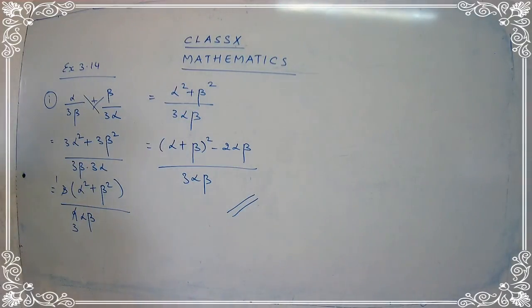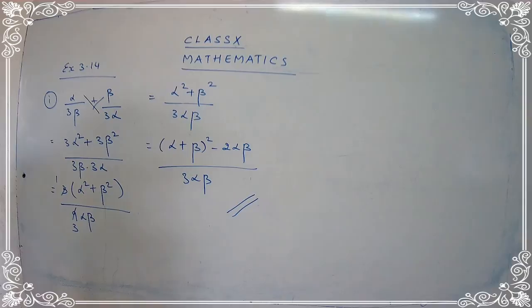Okay, now let's go for the second sub part. 1 upon alpha square beta plus 1 upon beta square alpha.